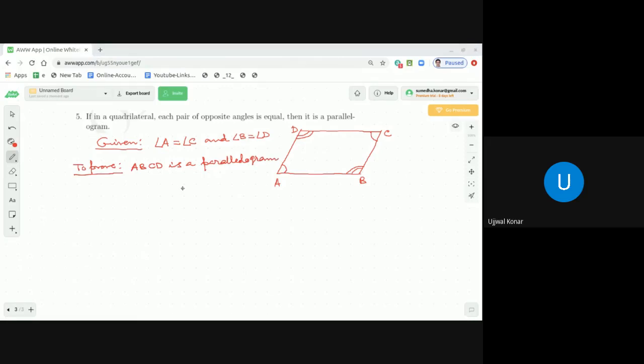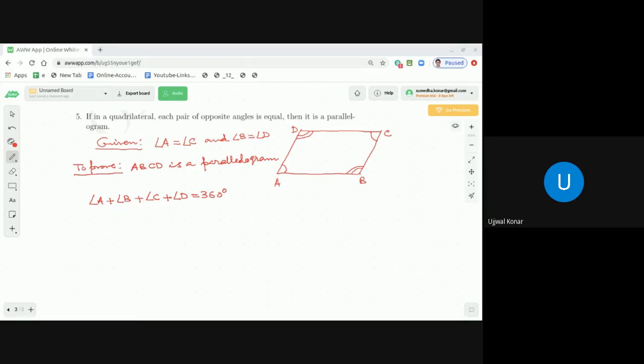Now, how are we going to prove it? Let me show you. If you recall the angle sum property of a quadrilateral, we know that the sum of these four angles is equal to 360 degrees, correct or not? So because ABCD is a quadrilateral, angle A plus angle B plus angle C plus angle D is equal to 360 degrees, right?